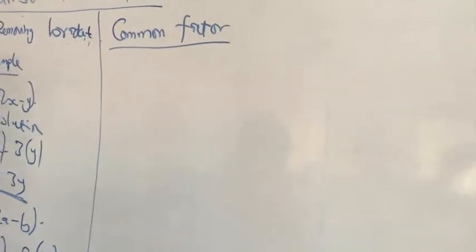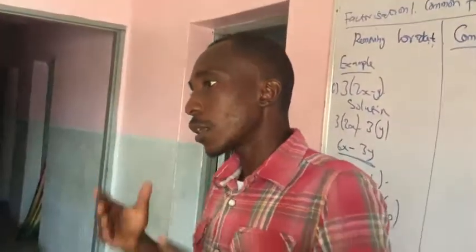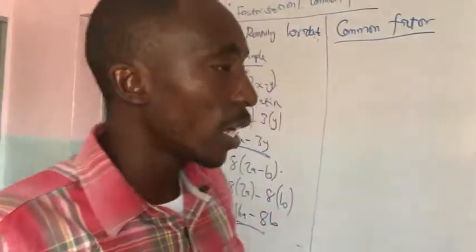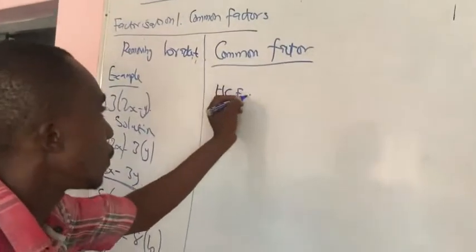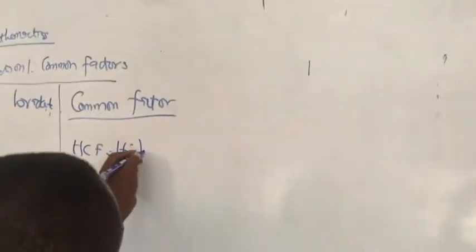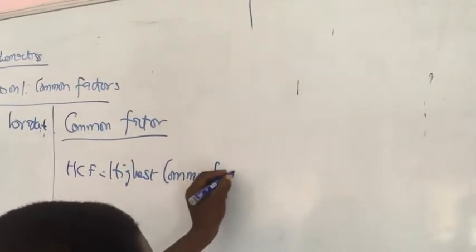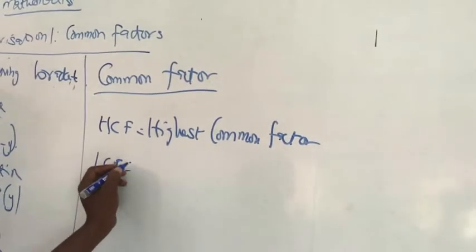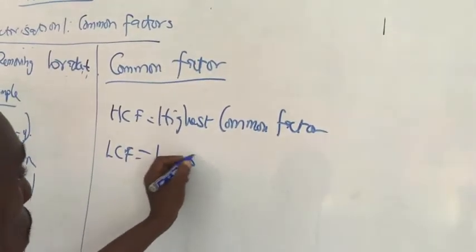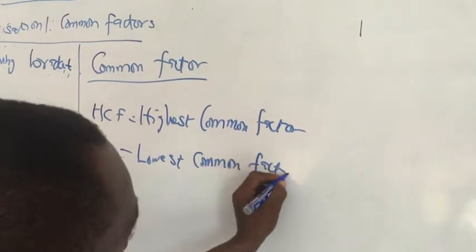Let's assume in our previous class, in our JS1 class, we talked about HCF and LCF. HCF is called highest common factor, and LCF is lowest common factor.